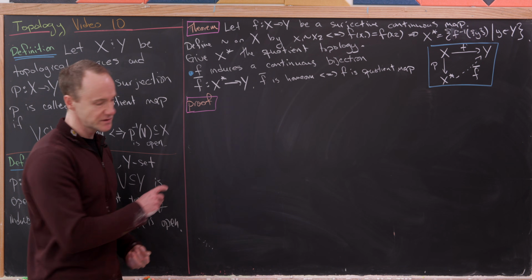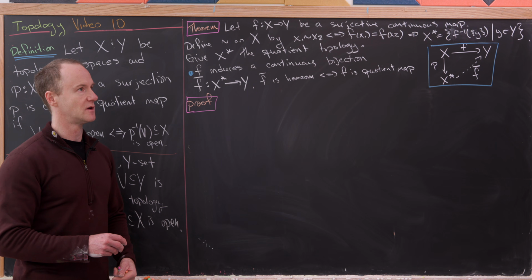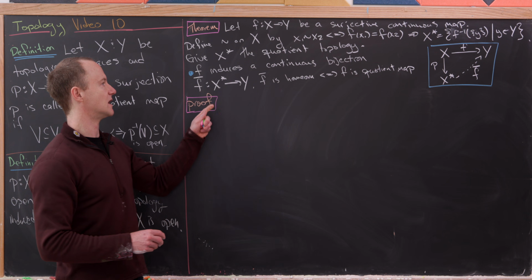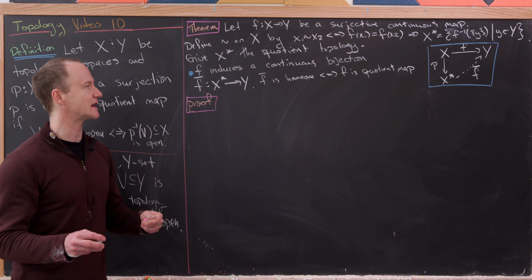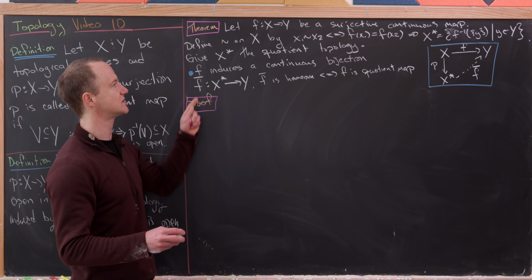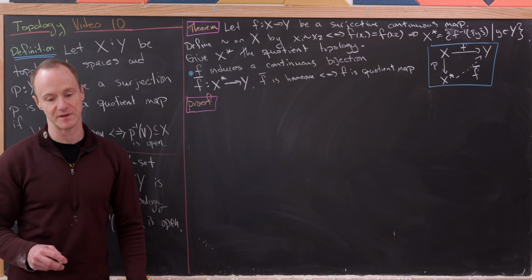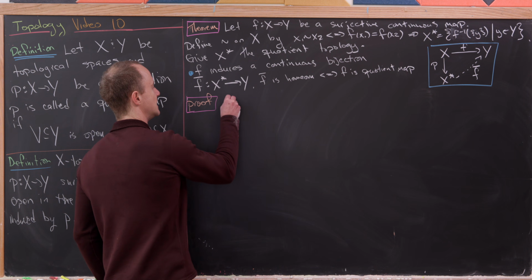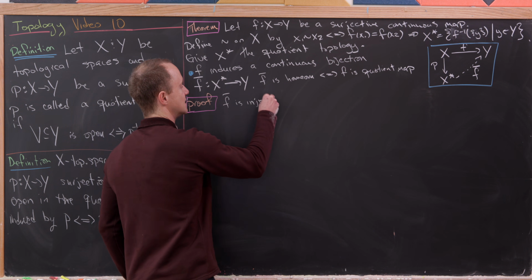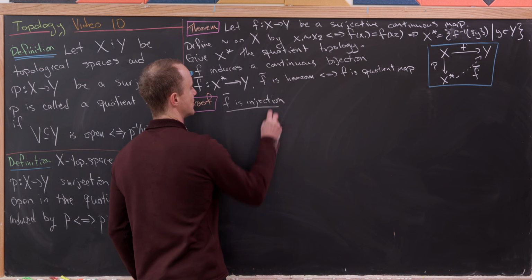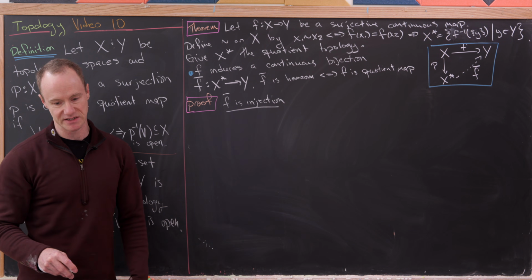Okay, so the first thing to prove is that f bar is a bijection, but notice that it's clearly onto, because f itself is onto. So now let's prove that f bar is injective. It's got to be onto and it's got to be one-to-one in order to be bijective.